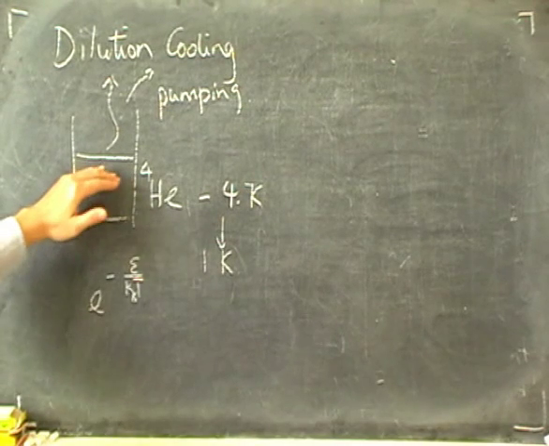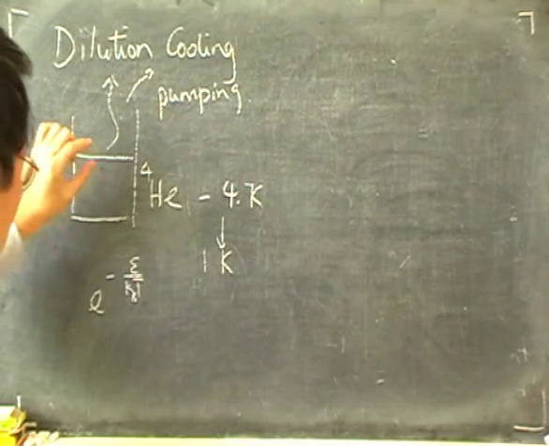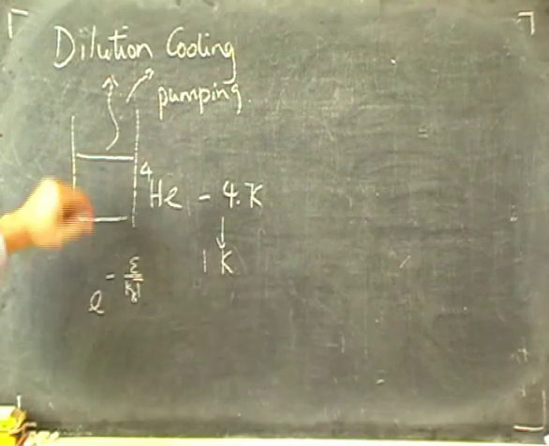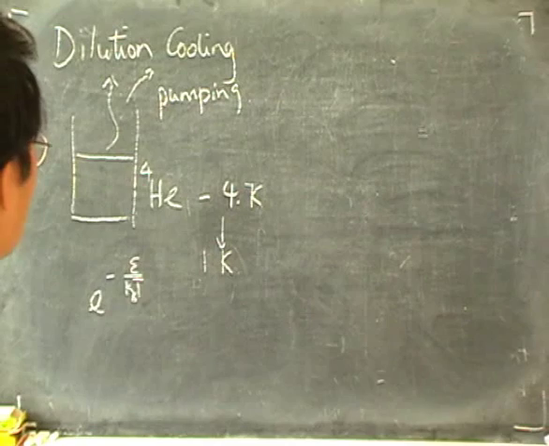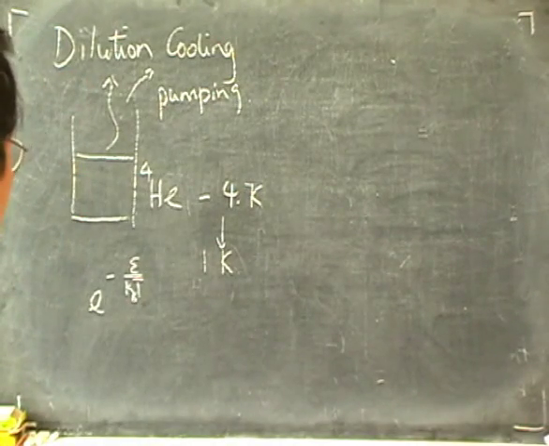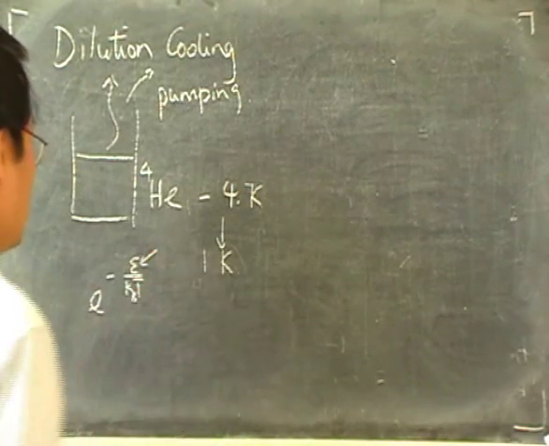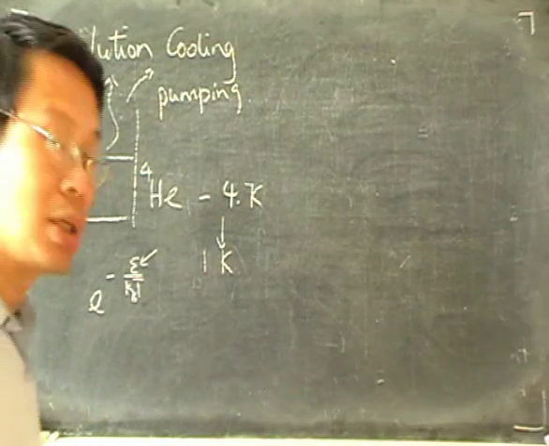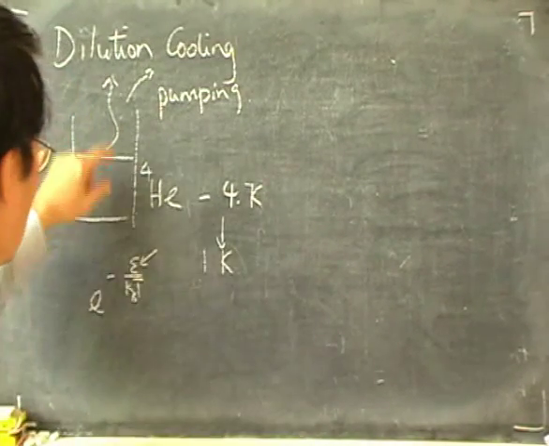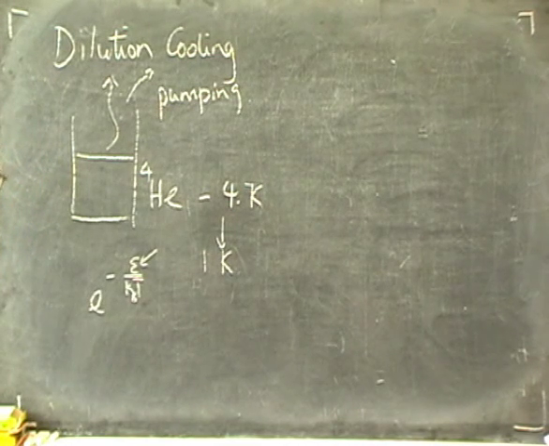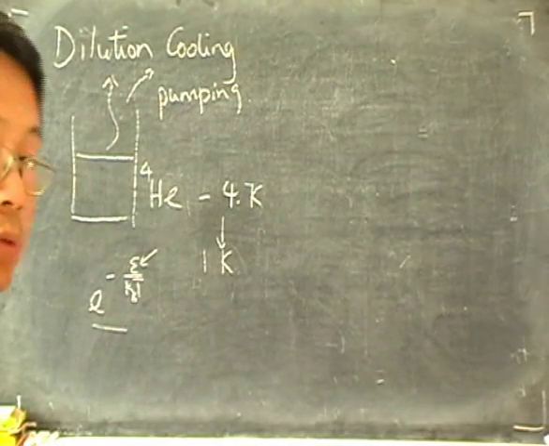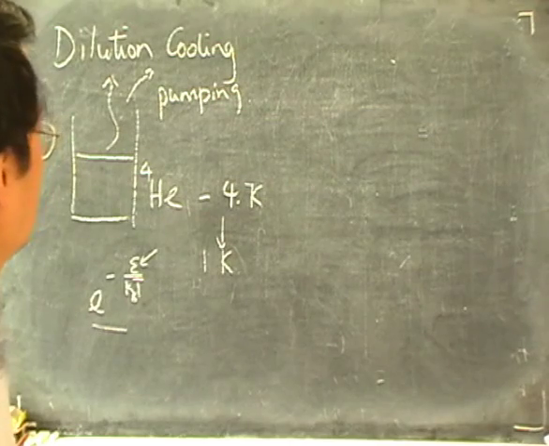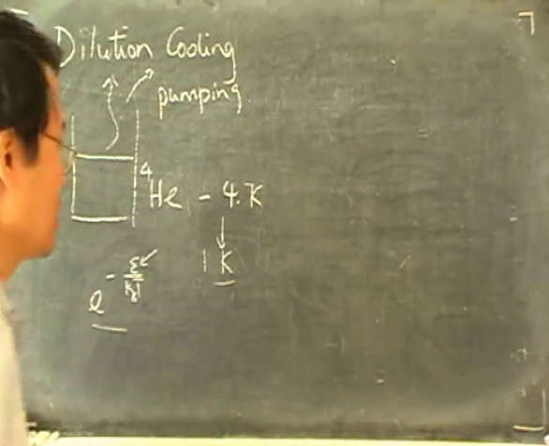The helium atom has to have a certain energy before it can escape into the space above, which could be the energy needed to break the forces of attraction. So there is a very rapid decrease in the vapor pressure as a result. That limits the lowest temperature that it can go down to.